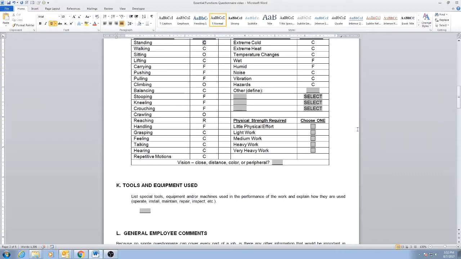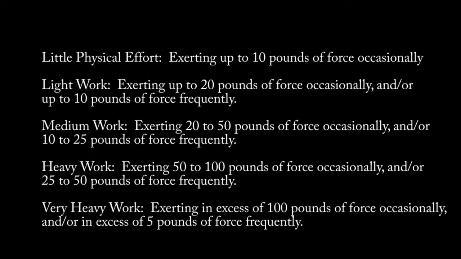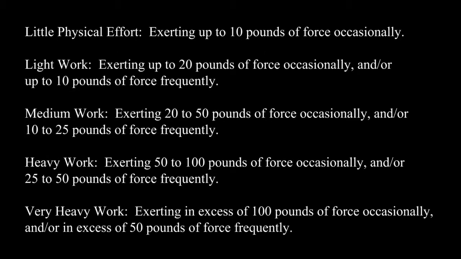When selecting what type of physical strength is required, you may be a little confused as to what each statement means. So let's review that. Little physical effort, exerting up to 10 pounds of force occasionally. Light work, exerting up to 20 pounds of force occasionally and or up to 10 pounds of force frequently.